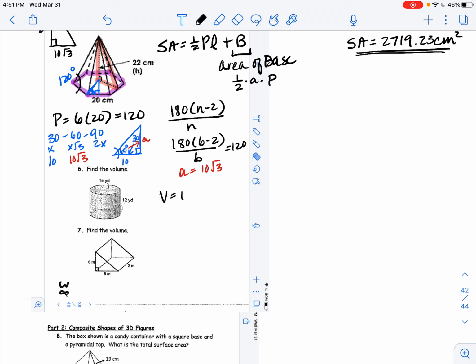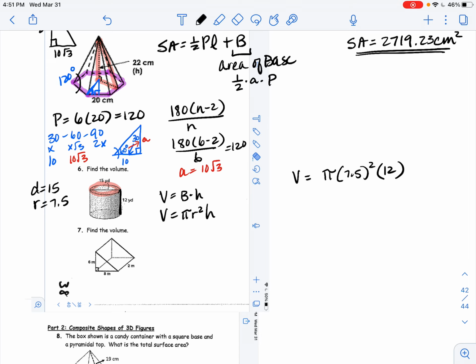On problem number 6, find the volume. Volume of a cylinder is just base times height, and we can see that the base is a circle, so this is pi r squared times height. So volume, pi, the radius, if the diameter is 15, the radius is half of that, so it's 7.5. And then the height of our figure is 12.